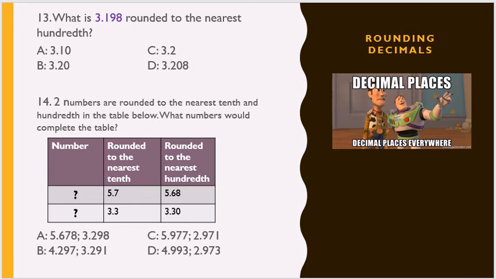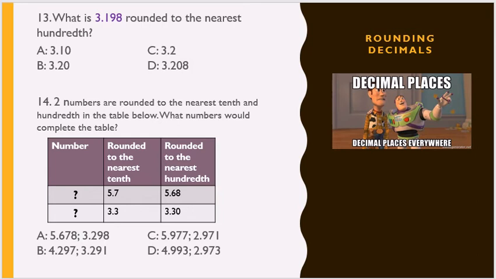3.208? And then question number 14: two numbers are rounded to the nearest tenth and hundredth in the table below. What numbers would complete this table? Would it be A, 5.678 and 3.298? Or would it be B, 4.297 and 3.291?